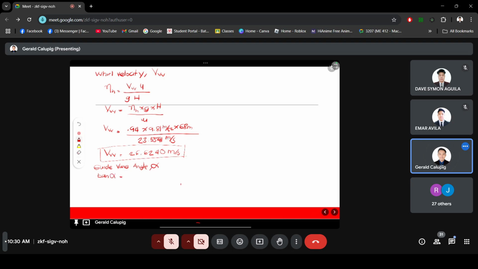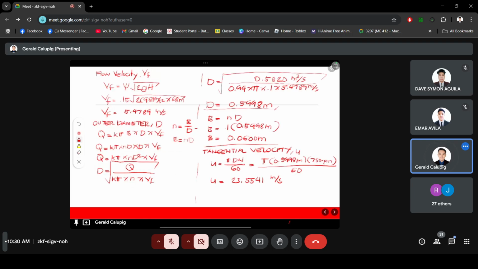Tangent alpha is equal to VF, or the flow velocity, over the whirl velocity. So that should be equal to what? Our VF earlier is what?